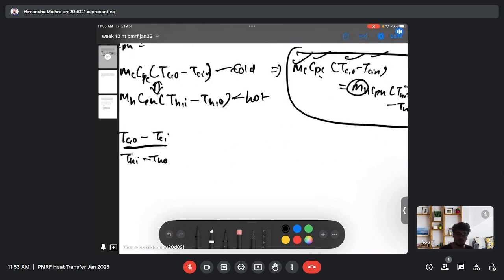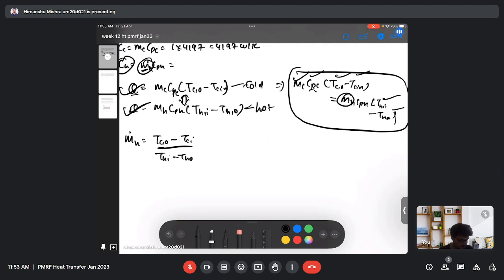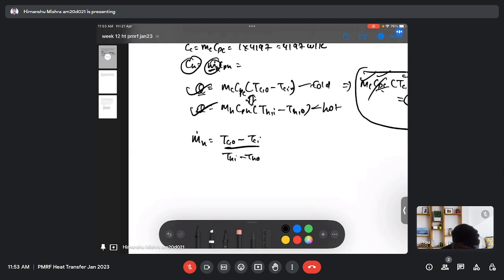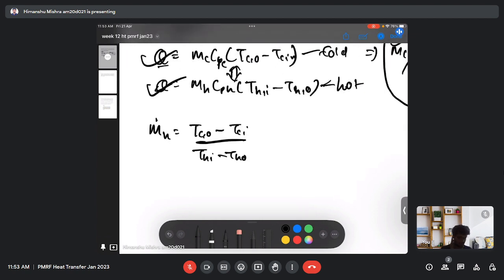Since both cold and hot fluid are water, this will be cancelled because the heat capacity is constant for water at both temperatures as of now. So this is my mass flow rate.